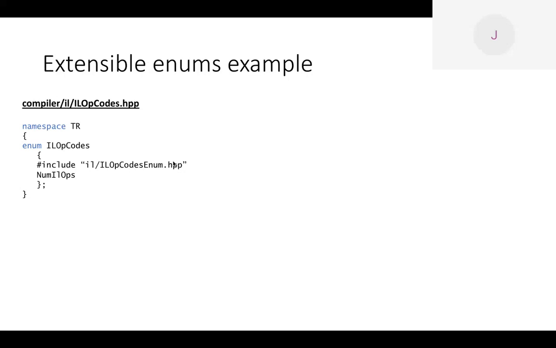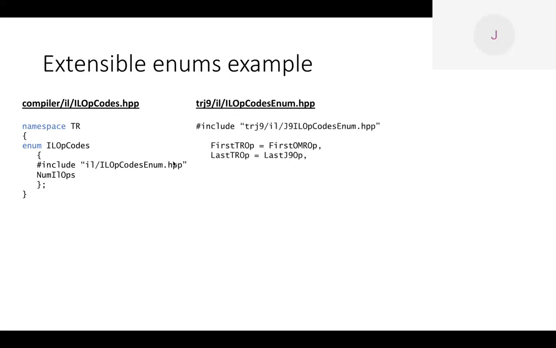It includes something called ILOpCodesEnum.hpp. The way this works is that, given how the include path is set up, it'll find the most specialized implementation of ILOpCodesEnum.hpp, which in this case it's found one in TRJ9.